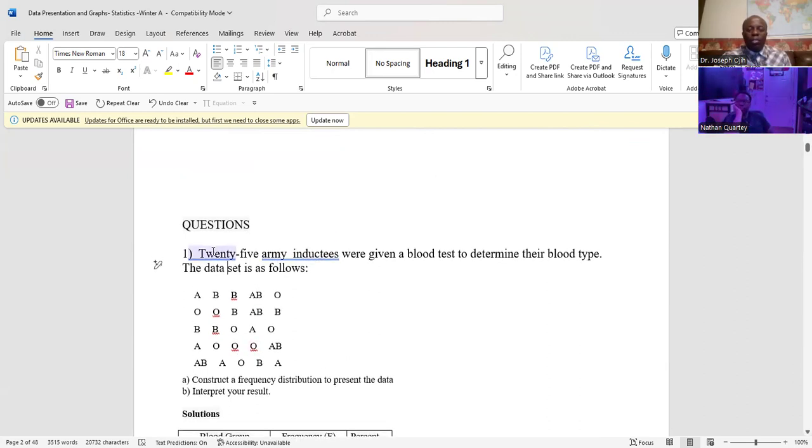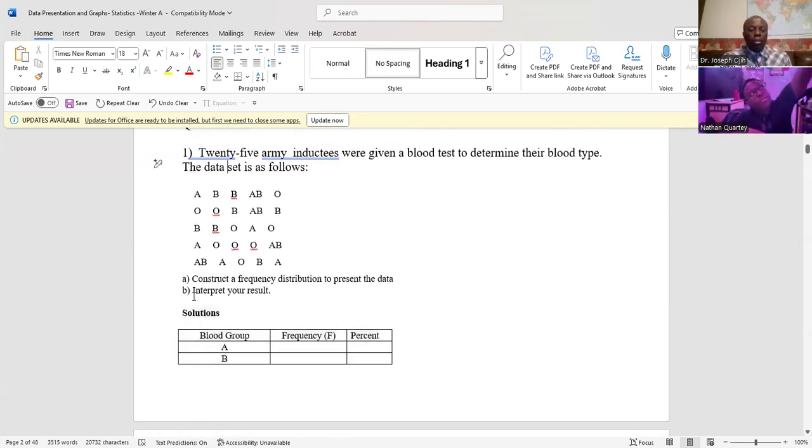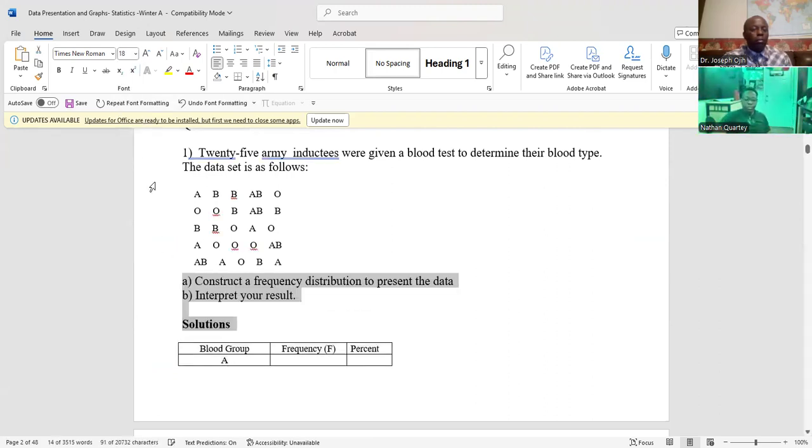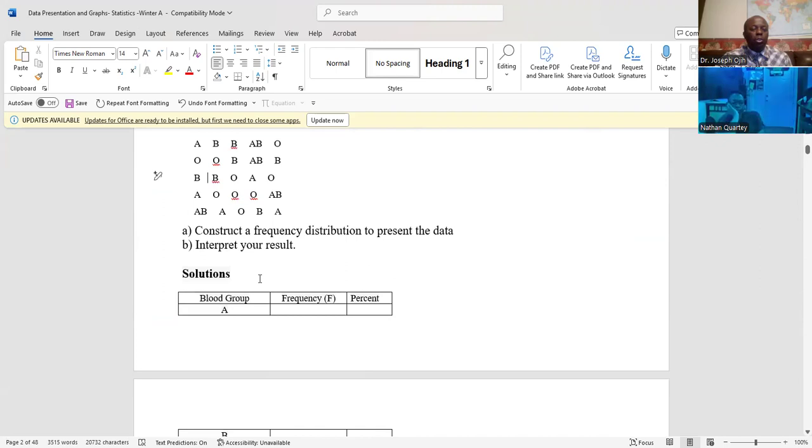Now, this is an example of categorical data. You can see that it has to do with nominal data. The nominal data in this case is blood group. The question says, construct a frequency distribution to present this data, then interpret your results.